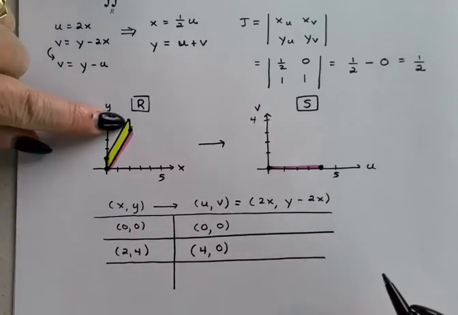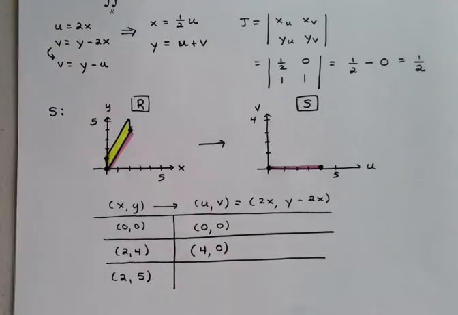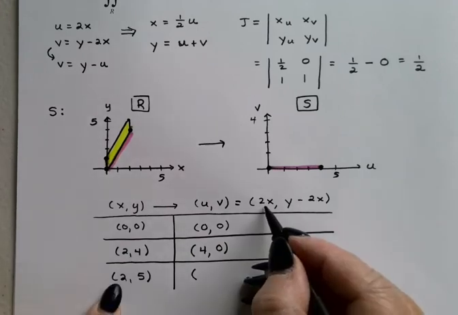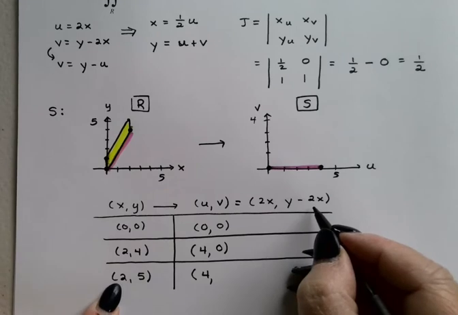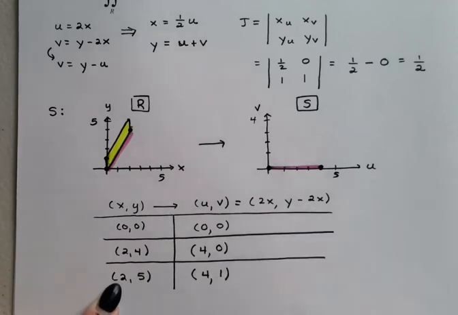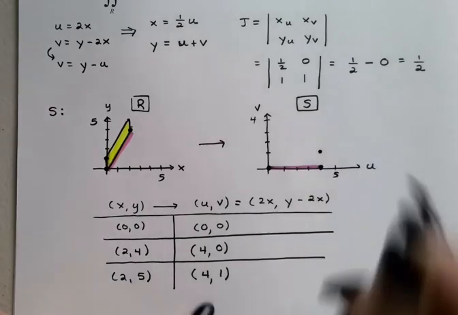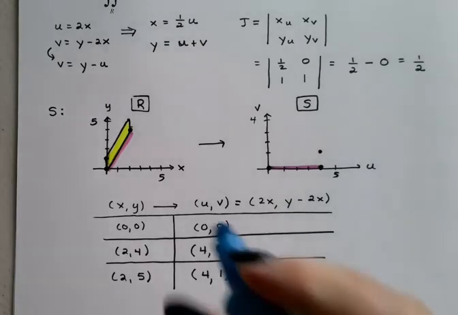Next, I'm going to go up here to 2, 5. And let's see, u is 2x, so that's still 4. And then 5 minus the 4 would be 1. So 4, 1 is my new point in the UV plane.